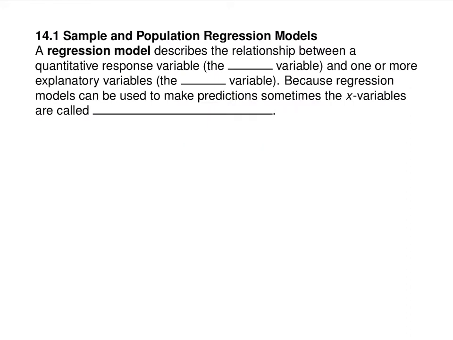So recall that a regression model describes the relationship between a quantitative response variable, which is the y variable. Most books call that response variable the dependent variable. And one or more explanatory variables, which is the x variable.